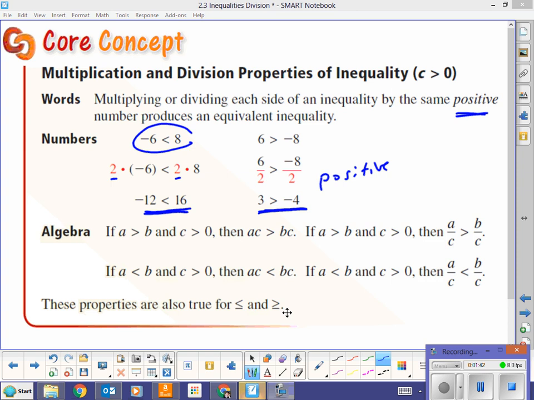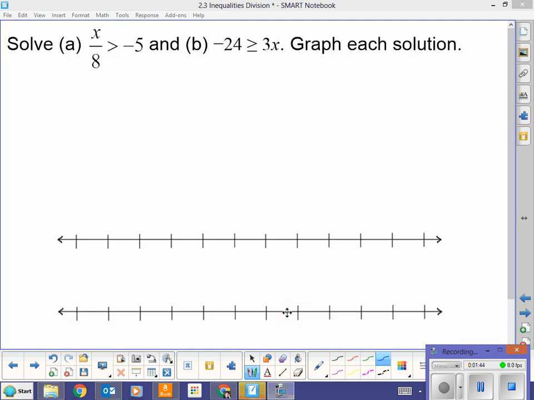So let's try that on a couple simple examples. Example A: x divided by 8 is greater than negative 5. To solve this, I want to multiply both sides by positive 8.